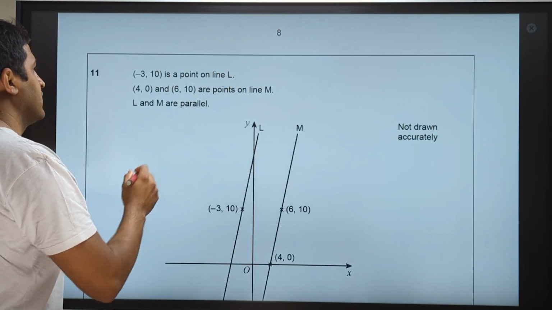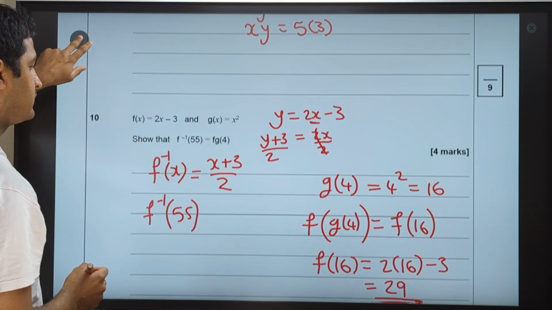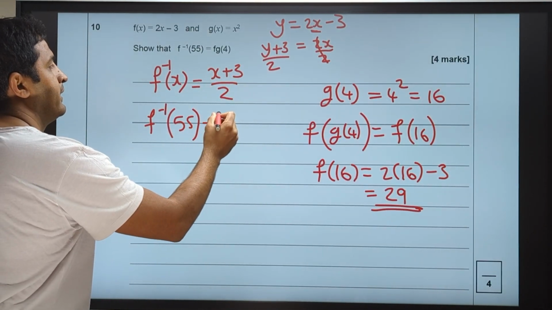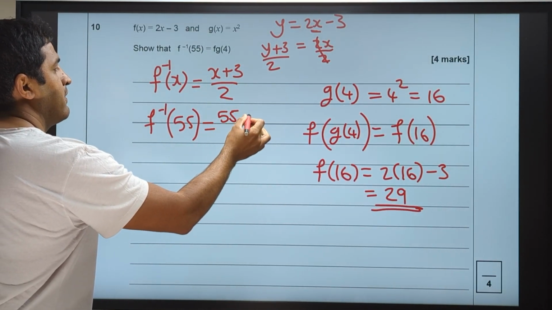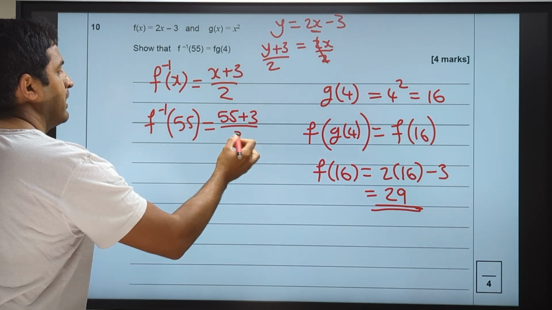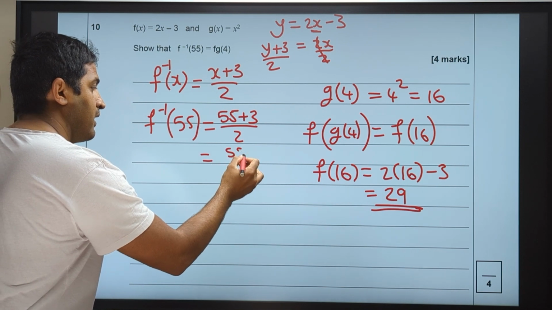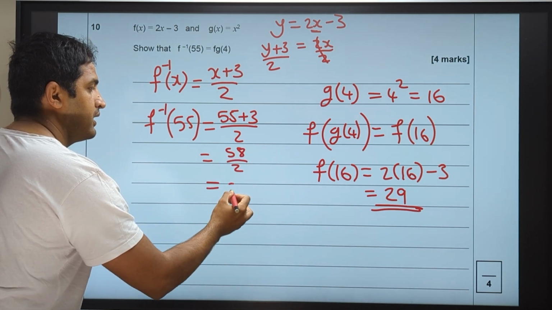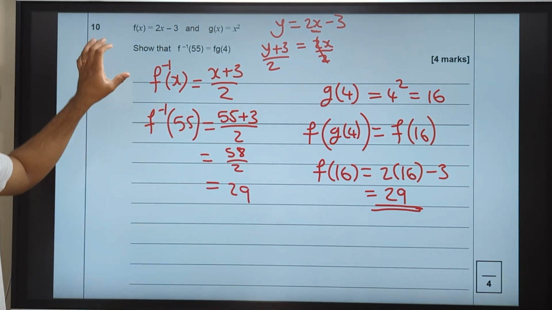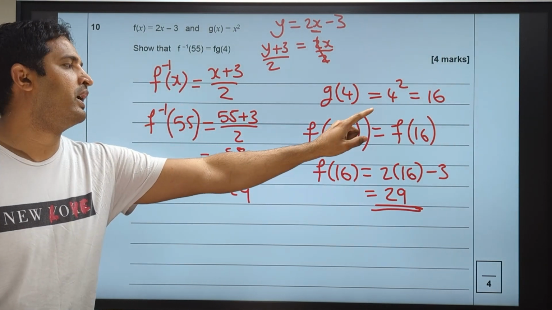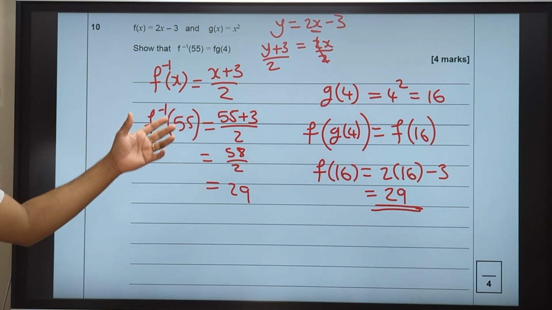We know that function is this one here, which is 55 add 3 and divide by 2. 55 add 3 is 58. 58 divided by 2 is 29. So we know that f inverse of 55 is the same as f of g of 4, which is 29 as well, and we've shown that.